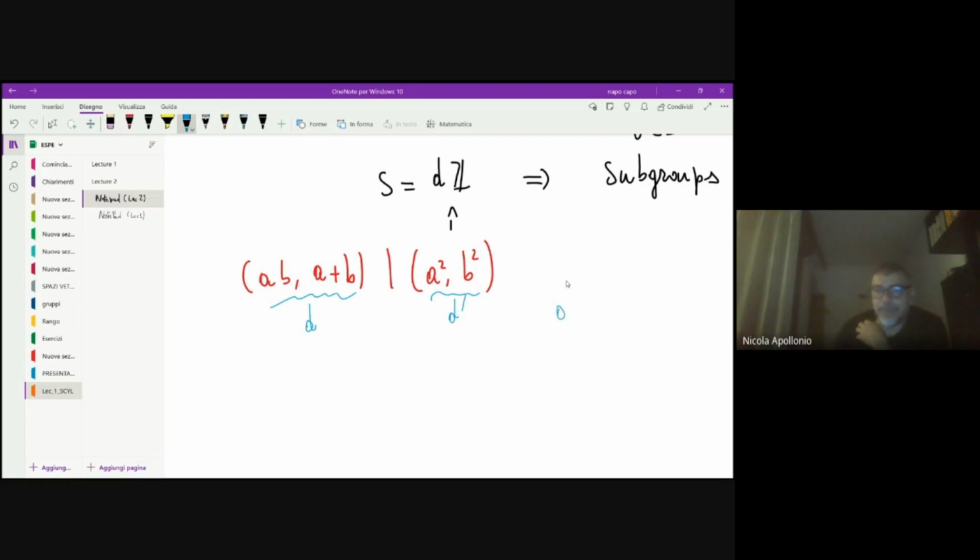We have to prove that D divides D prime. So this is what we want to do.